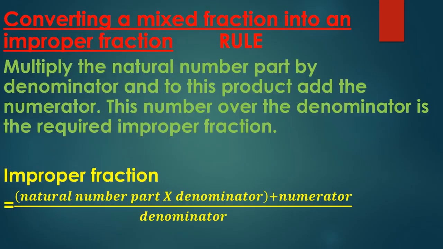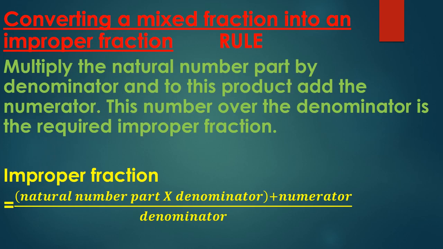Now next is converting a mixed fraction into an improper fraction. How do we convert a mixed fraction into an improper fraction? Now see its rule also. Multiply the natural number part by the denominator and to this product add the numerator. What is the first step?